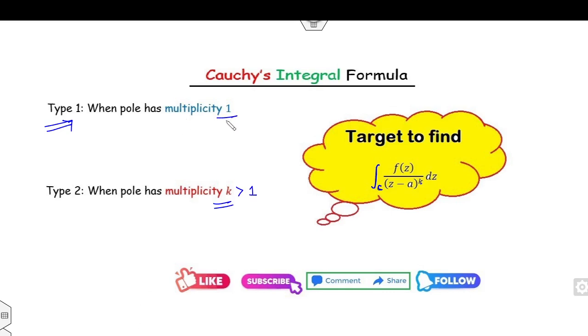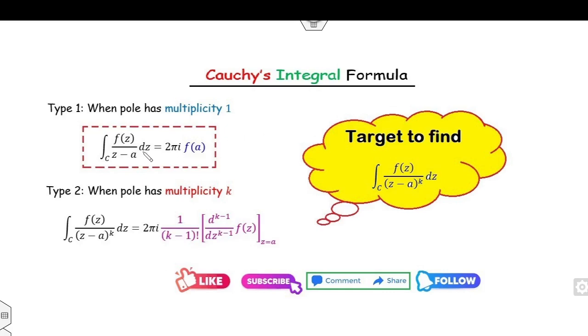Whenever it is of multiplicity 1, that means k is 1, then the integration value is 2 pi iota times the function value at the given pole. Whenever you have the multiplicity k, then it's 2 pi iota times the (k minus 1)th derivative at the point z is equal to a. This is the first method.